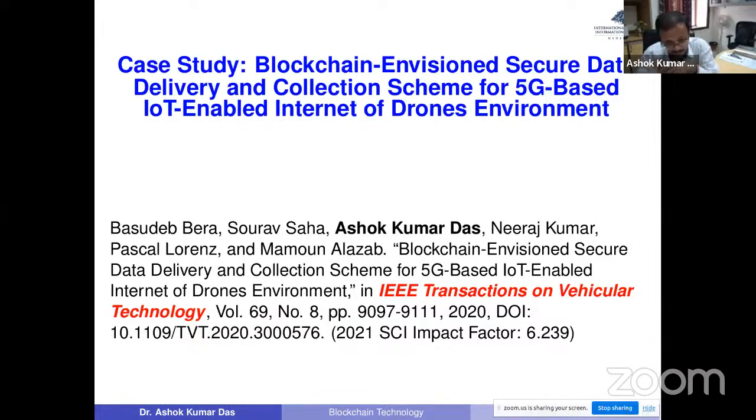This scheme is also very prominent, because using blockchain technology, data delivery and collection messages can be safely reached to the GSS or downstream server, where the data could be stored in the blockchain, and for big data analytics those data will be very useful. And this work was published in IEEE Transactions on Vehicular Technology.